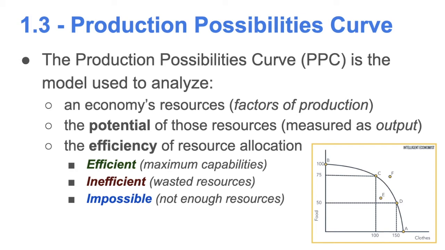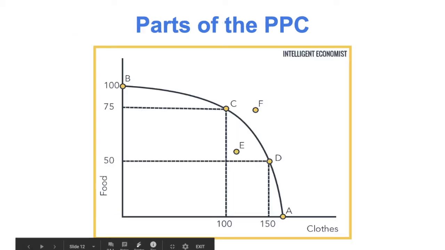So you'll notice on this graph down here, and let's make that a little bit larger, the points that are on the curve itself, B, C, D, and A, those all represent efficient use of our resources, because we're pushing our resources to the maximum capabilities. We're going all the way out to the frontier, as it's called, the maximum potential of these resources.